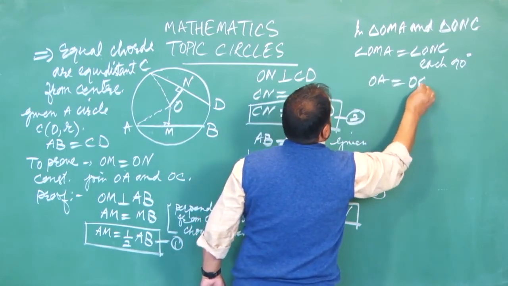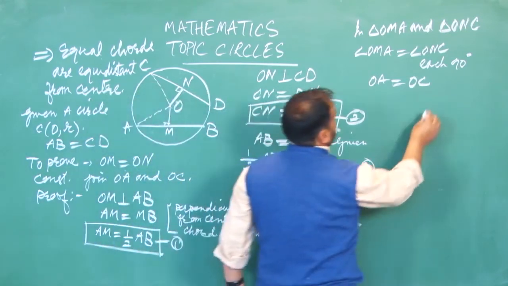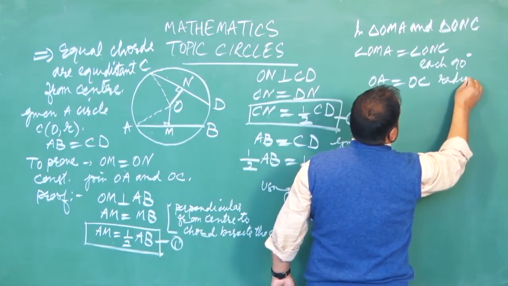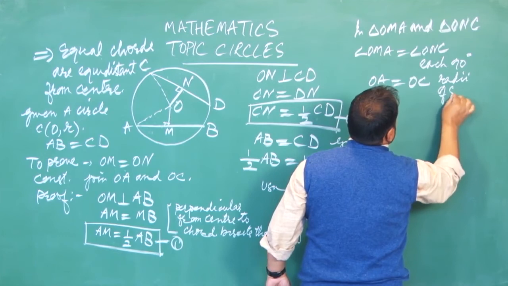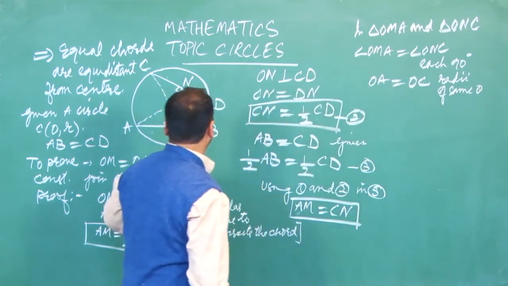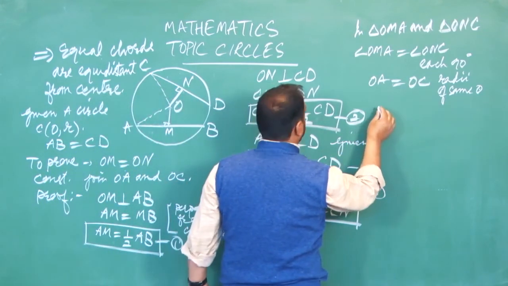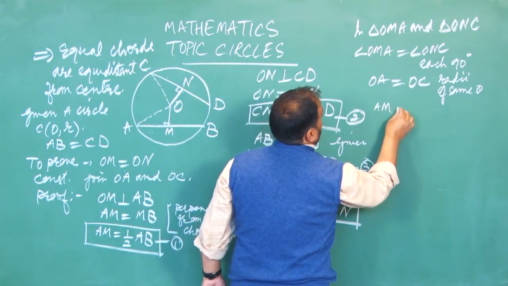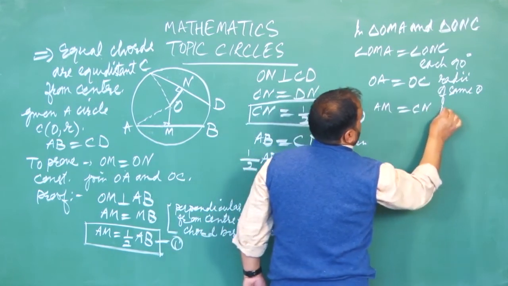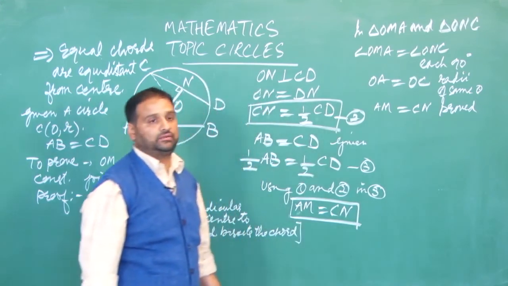You can observe from the figure, both are radii of the same circle. The reason is radii of the same circle are all equal. And then the third side is AM and CN. They are equal because we proved that earlier. So the criteria of congruency of the triangles is complete.